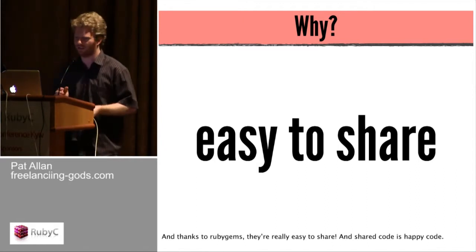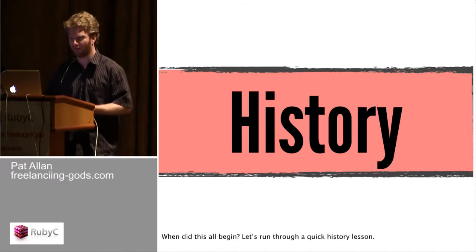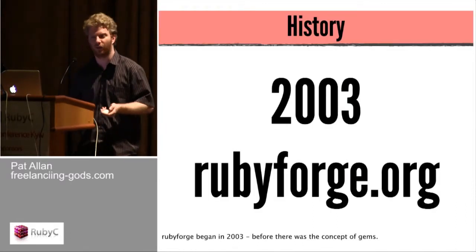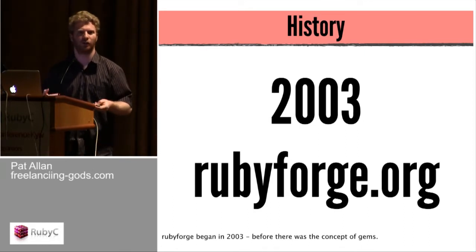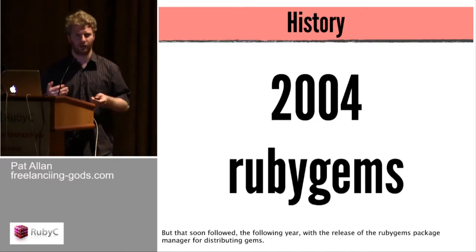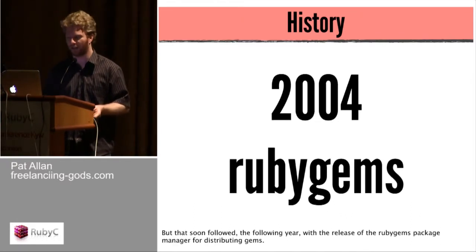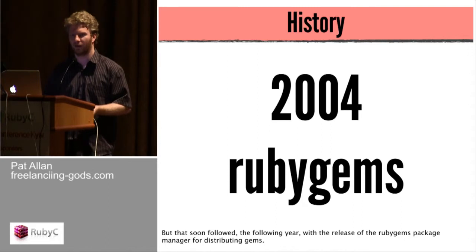Now, before I get to the technical side of things, I'm just going to run you through some history. So back in 2003 is when rubyforge.org was registered, and it was set up to share Ruby code. There was no concept of gems at that point. It was just to share Ruby code. But then the following year, the Ruby Gems package manager was created, and the idea of gems started to come into play.